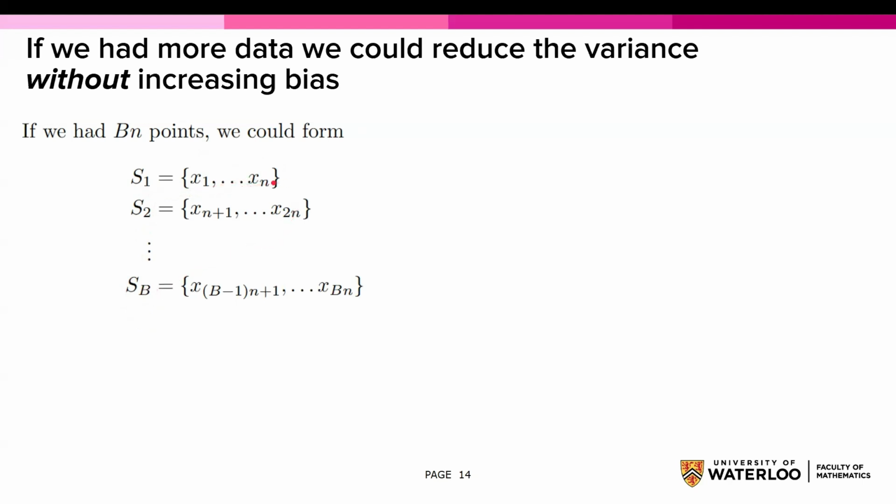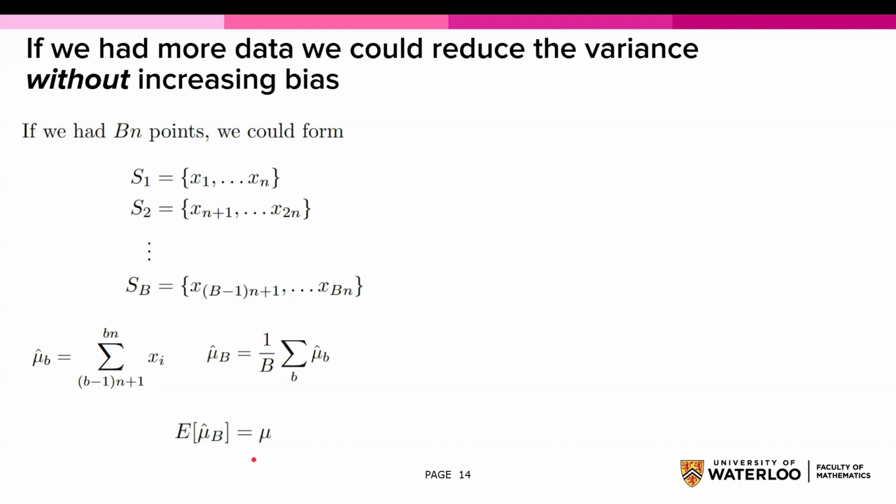For each of these groups, we can compute an individual mean estimate, and we'll call that mu hat sub b. Then if we take the average of these B estimates, we'll get an overall ensemble mean, and we'll call that mu hat sub large B. The nice thing is that this ensemble mean is still an unbiased estimate of the true mean mu. What this means is that on average, it's going to give us the correct answer.